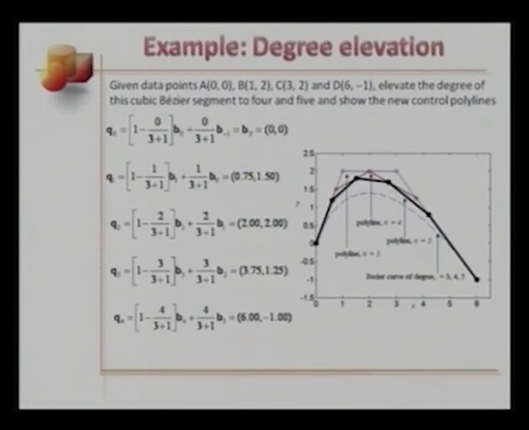And I can keep on elevating the degree of this Bezier curve without changing its shape. So, from the design perspective, what is happening? I'm introducing additional data points or design points and retaining the shape of the curve.